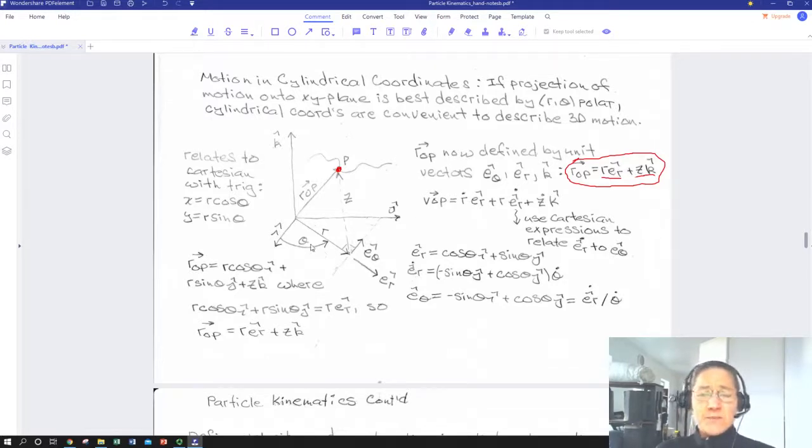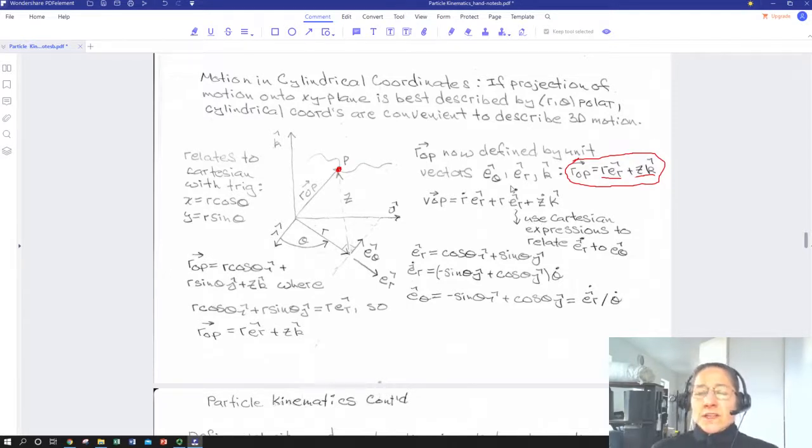The k hat direction is always up in this case, but the r hat direction is always changing with time, or there's a very good possibility it might be.